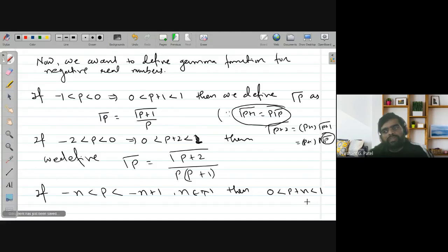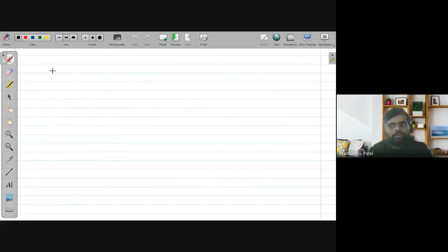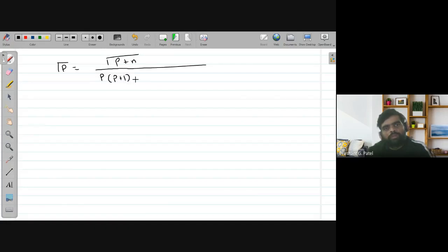So in this case, we can define gamma p as gamma p plus n upon p into (p plus 1) up to (p plus n minus 1).